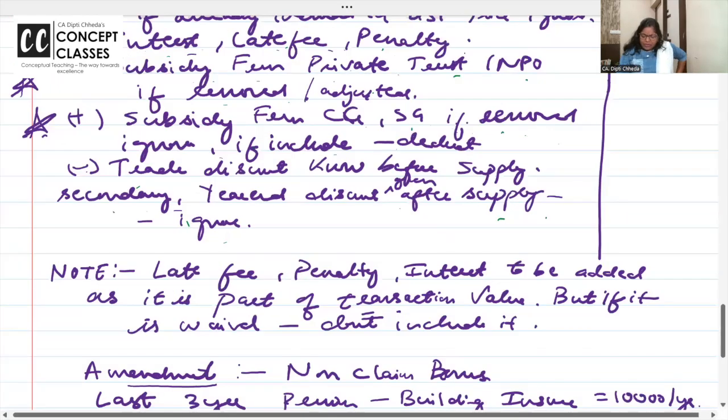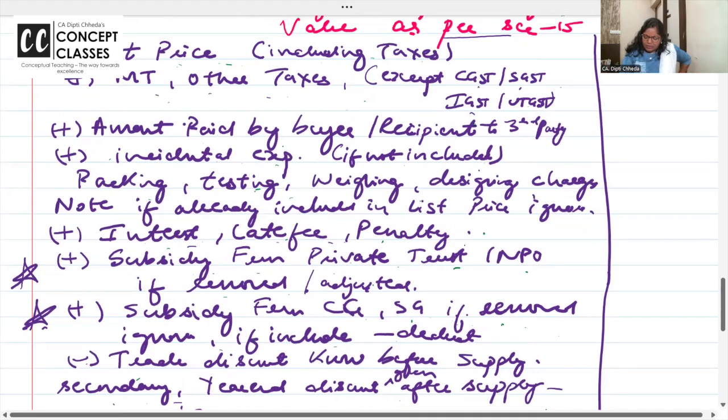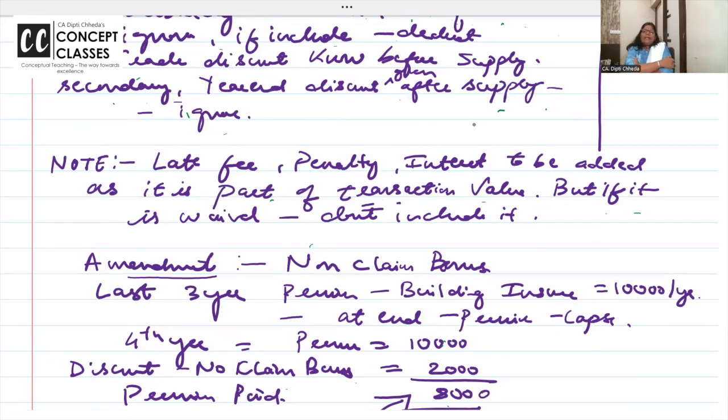Okay. Now here one note I have given. We have added just now late fees, interest and all, to be added if it is a part of transaction value. But if it is waived off, I told you, you're going to make me payment late instead of 2 months, I will charge 1,500 interest. Then add it.